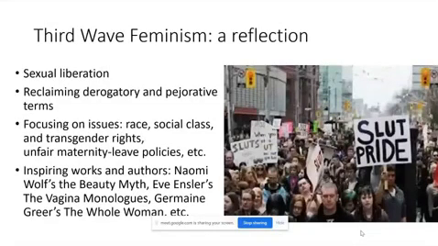The second thing which this movement focused on was that it reclaimed, with a lot of pride, derogatory, pejorative and humiliating terms that were used for women. You must have all heard about the slut walk, which happened in Bangalore also, right?